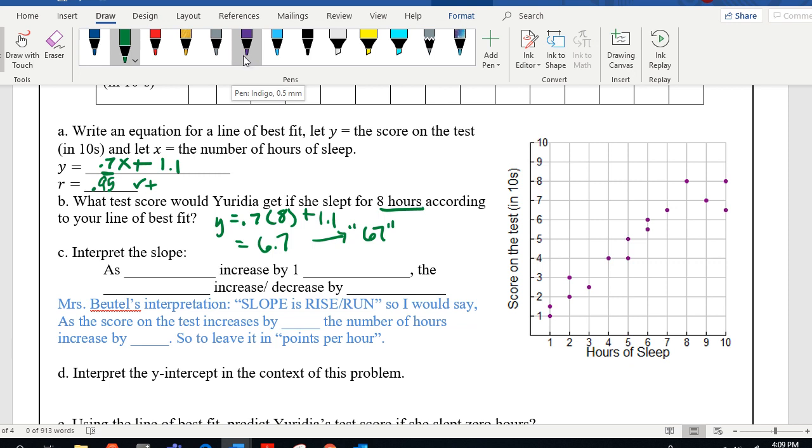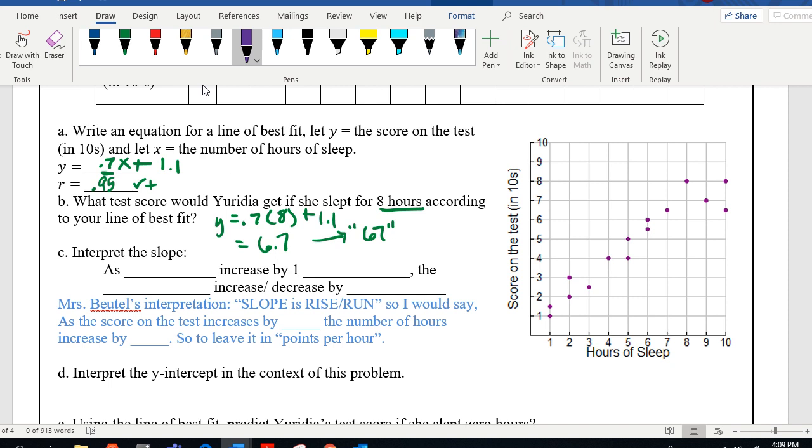Now, I am going to interpret the slope in the way that this question is asking, but this is asking in a little unusual kind of way. It says, as blank increased by one blank, the blank increased or decreased by what?